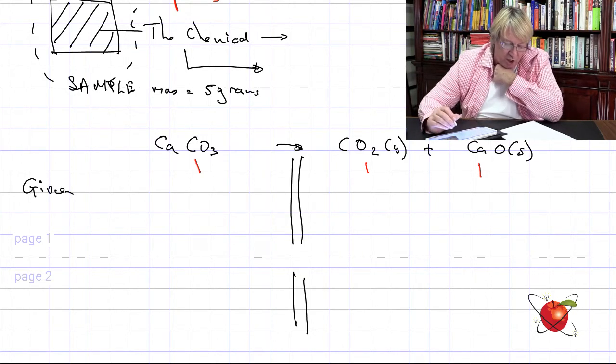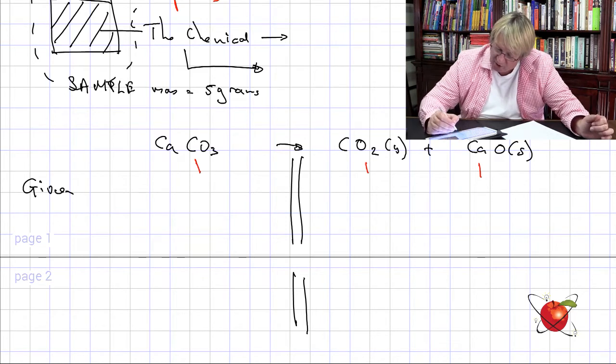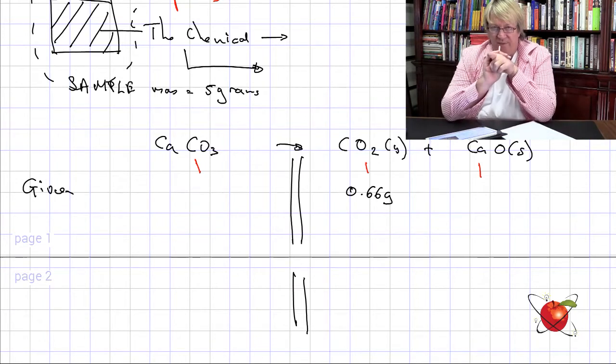Given we got 0.66 grams of CO2. Right? So what are we saying? We're saying that we get 0.66 grams. Now it's important that we understand and we start where we've got the most information.